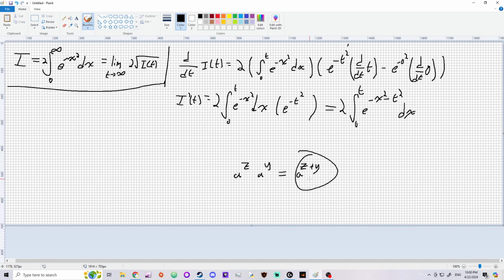This is regular exponent rules. Division is obviously subtraction. I can probably simplify this even more: 0 to t, and I'm going to take out these negative signs, so e to the negative, x squared plus t squared. Just make it a little bit nicer.